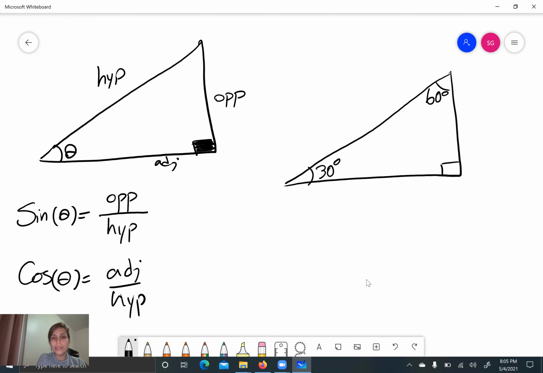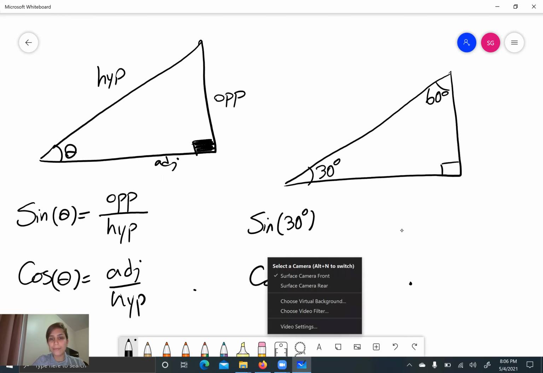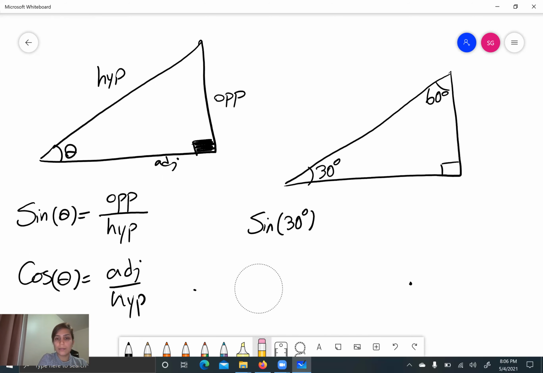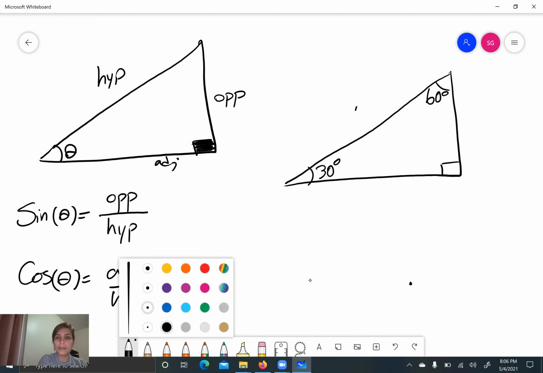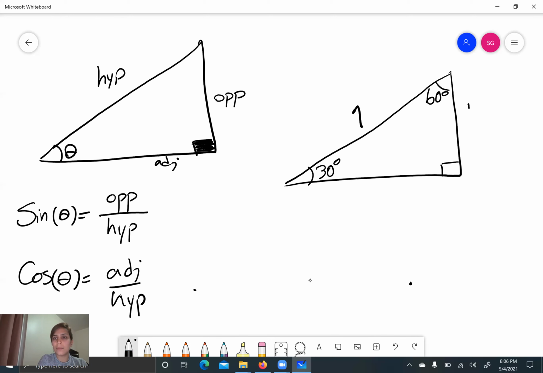Okay, we already calculated the sine of 30 and cosine of 30. You saw that if this is 1, then this is going to be half, and this is going to be square root of 3/2, the value of each side.